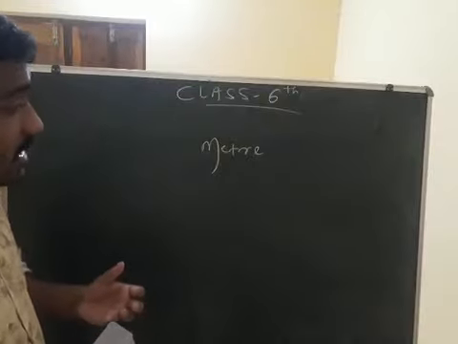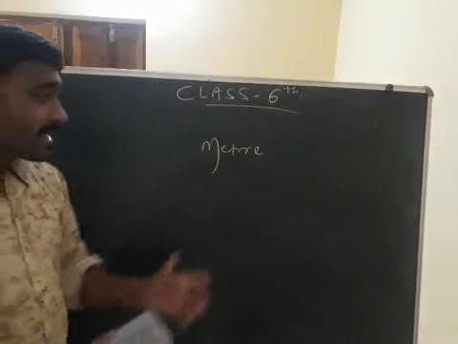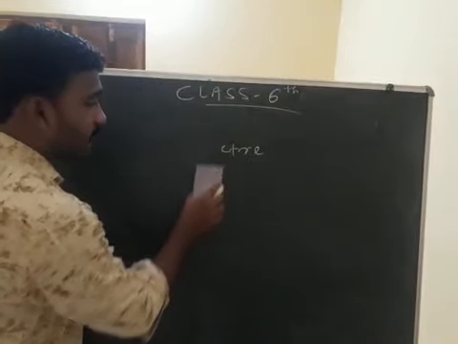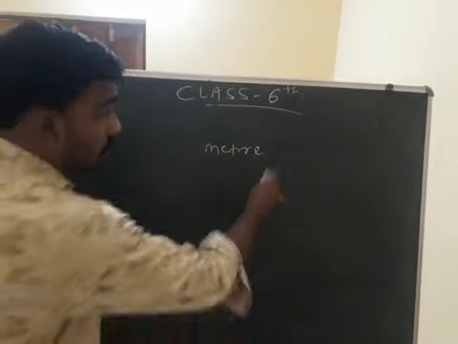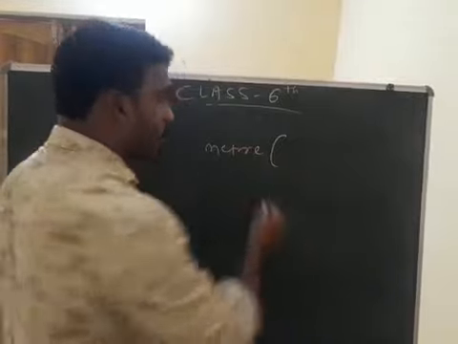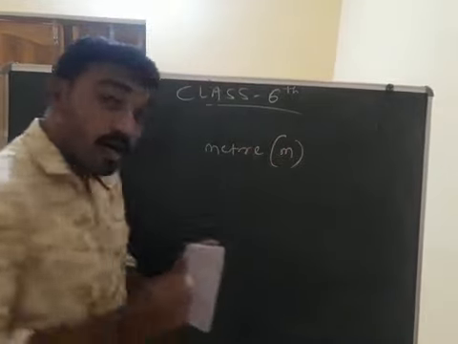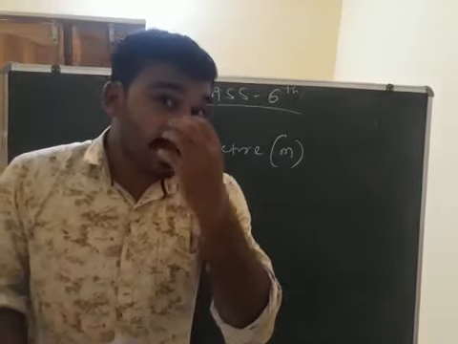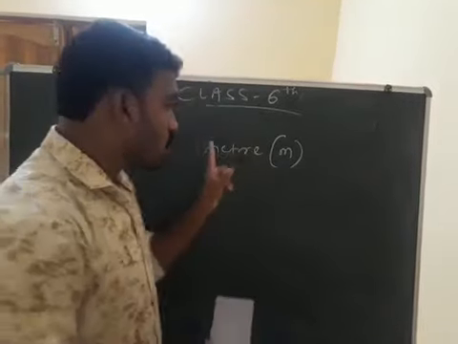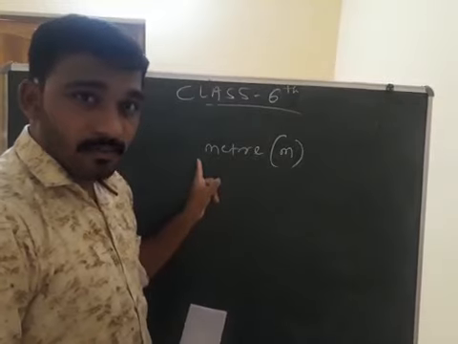The SI unit of length is what? Meter. In that case, m, you can't write a bigger one, it is a small m, only the symbol small m, not the capital M. When you are writing the SI unit of length, you should obey this rule.